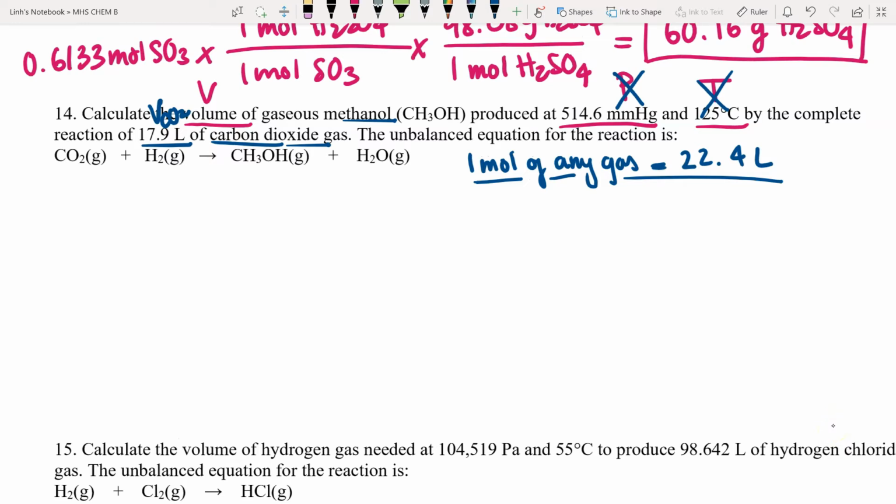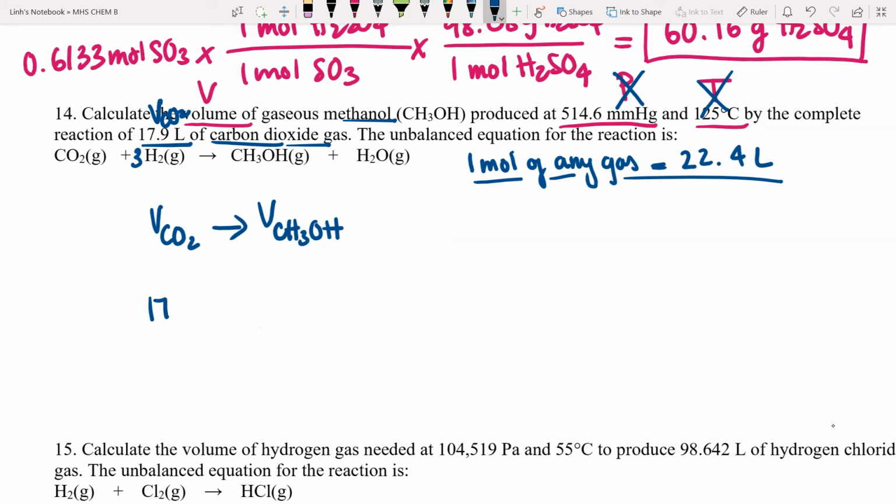Before we get started, I want to see whether my equation is balanced or not, and the problem says it's unbalanced. So I'm going to go ahead and balance it. I think all it needs is a 3 in front of H2. Then I can go from V of CO2 to V of methanol just by using the mole ratio, which is simply 1-to-1.